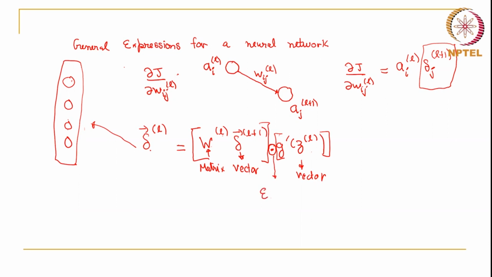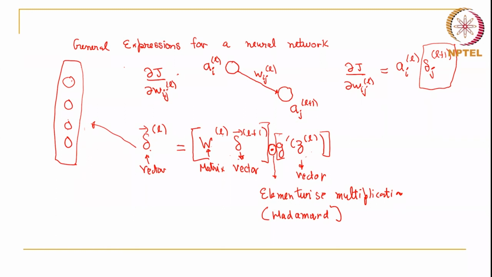In between is element-wise multiplication. It's called the Hadamard product. It's just a fancy name. If you are familiar with MATLAB, we do it by what is called dot star. Simple idea. Remember, this is a vector, this is a vector, this is a vector.